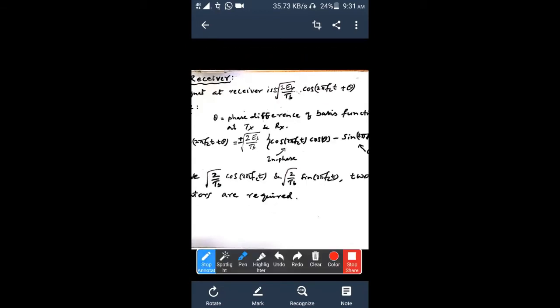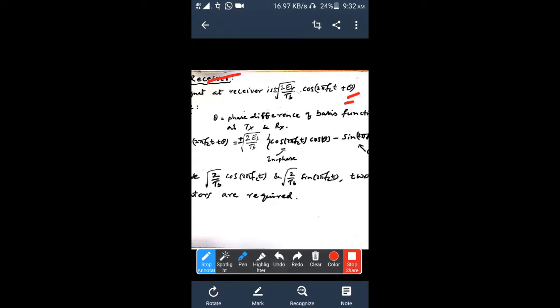And what I've extra shown is theta. What is theta? Theta is the phase shift introduced by the channel, because I'm talking about the receiver here, guys. The transmitter is over. Now I have reached the receiver. When a signal moves from transmitter to receiver, it will undergo 3 changes: one in amplitude, another in frequency, another in phase.